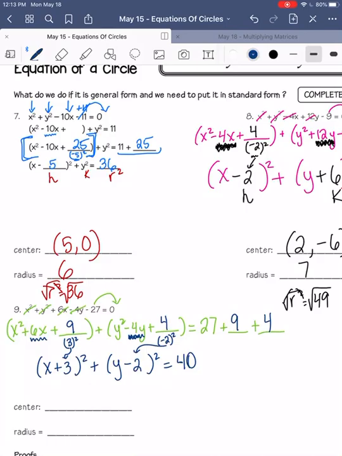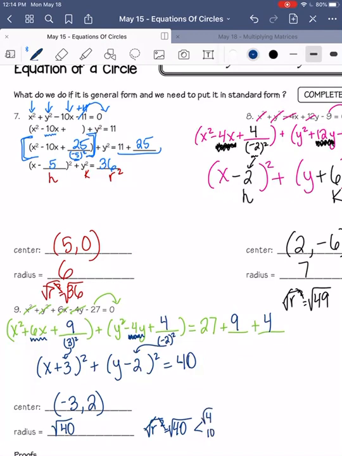And now it's like the quote-unquote easy kind. We can just pluck the center right out. So this is where you have to do the opposite. So negative 3 and 2, and our radius is the square root of 40. Okay? Now that's a little tough one because it's not a perfect square, right? I'll remind you, because we've talked about this already, we're going to see what perfect square goes into it.